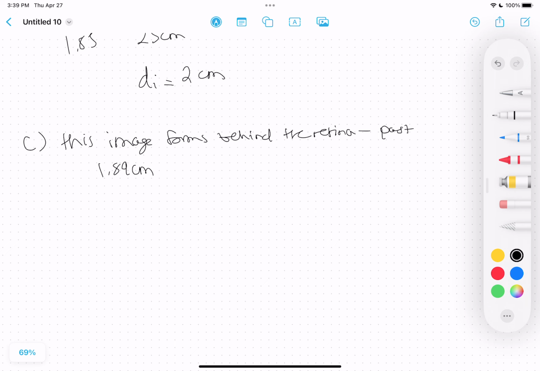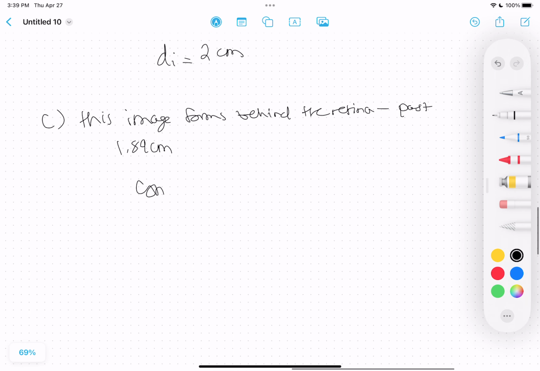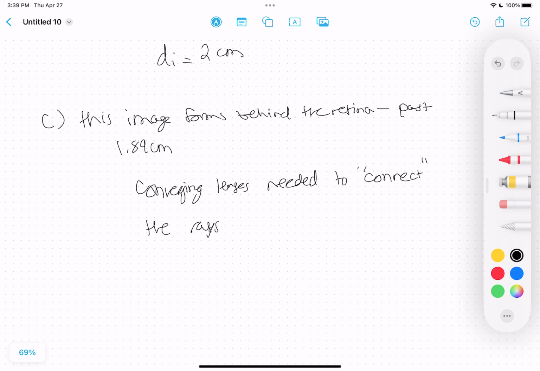And then we would need converging lenses to effectively connect the rays earlier, so that they converge properly at that point. Because we're essentially converging late, we want it to converge early, because it's going past that 1.89 centimeter length.